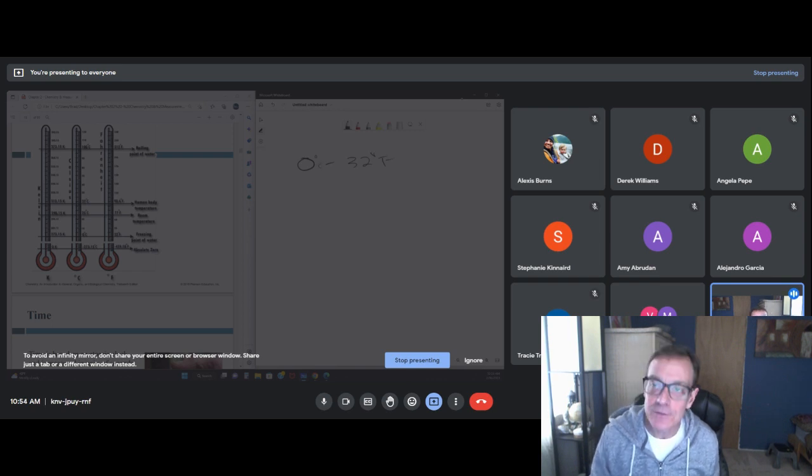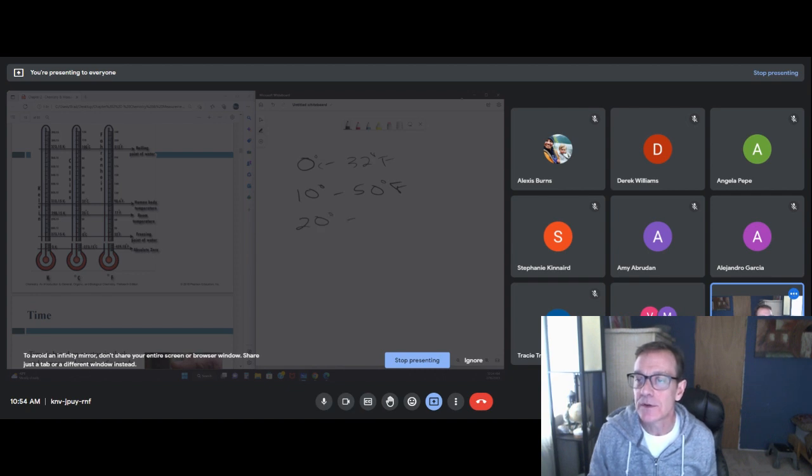And for every 10 degrees Celsius you go up, you add 18 to the Fahrenheit number. 32 plus 18 is 50. 20 degrees Celsius gets you up to 68, a nice spring day. 30 degrees, now we're getting warm, at 86.